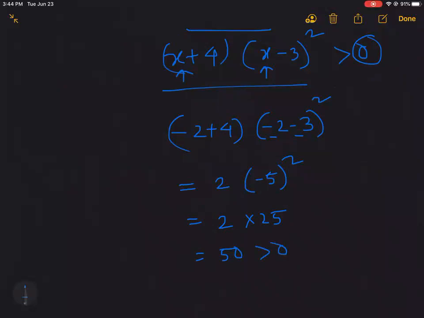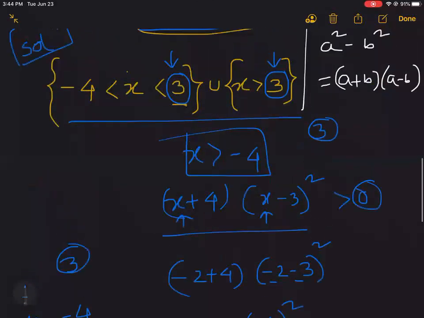As I said, whatever you take from the interval negative 4 to positive infinity, apart from the value 3, as long as x is greater than negative 4, it will always be strictly greater than 0. Does it make sense now? Okay, very good. So, no problem.